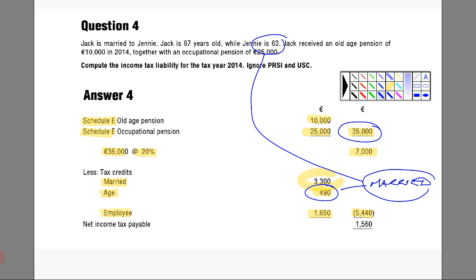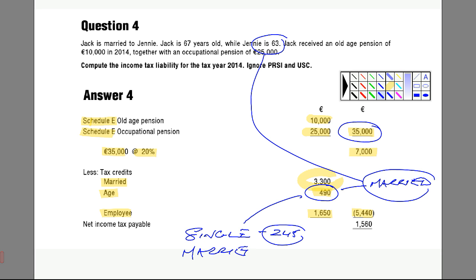In other words, if you're married, if the main partner, Jack in this case, is over 65, even if his partner is under 65, he can still get the increase. Remember that for a single person, it would be 245. But for a married couple, as we see above, it is 490.